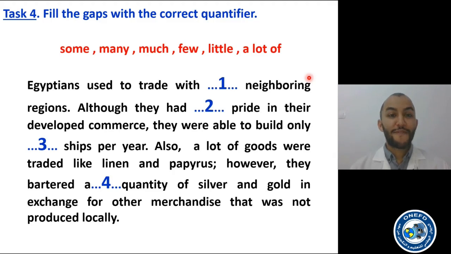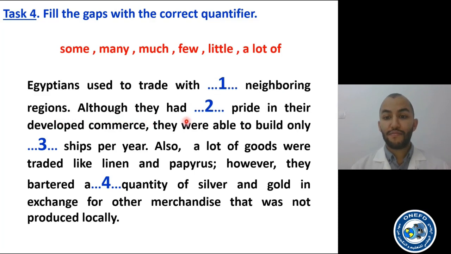Task number 4. Fill the gap with the correct quantifier. Here we have the 6 quantifiers that we have seen previously: some, many, much, few, little, and a lot of. You have to put them in the right spot. I'll read. Egyptians used to trade with neighboring regions.